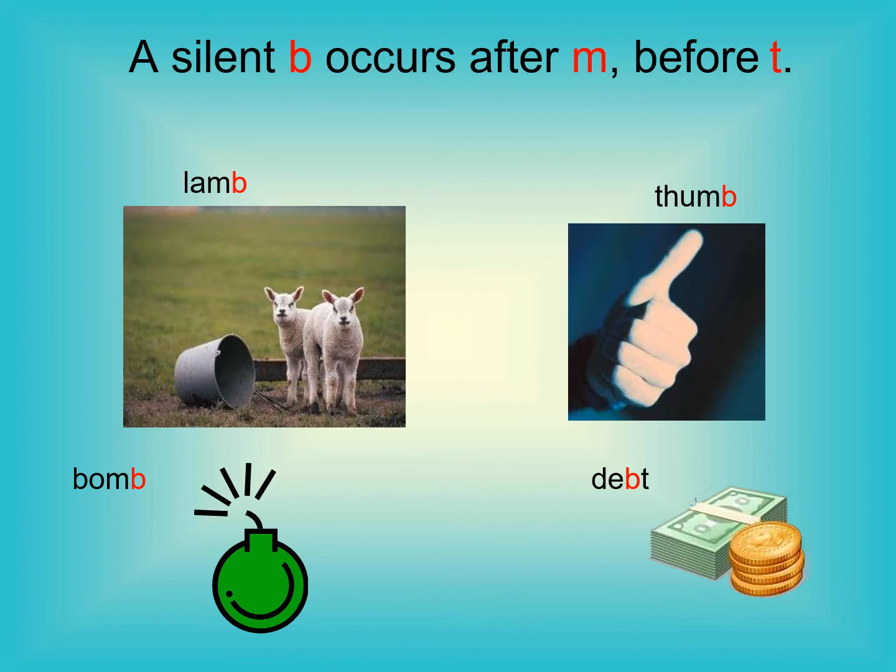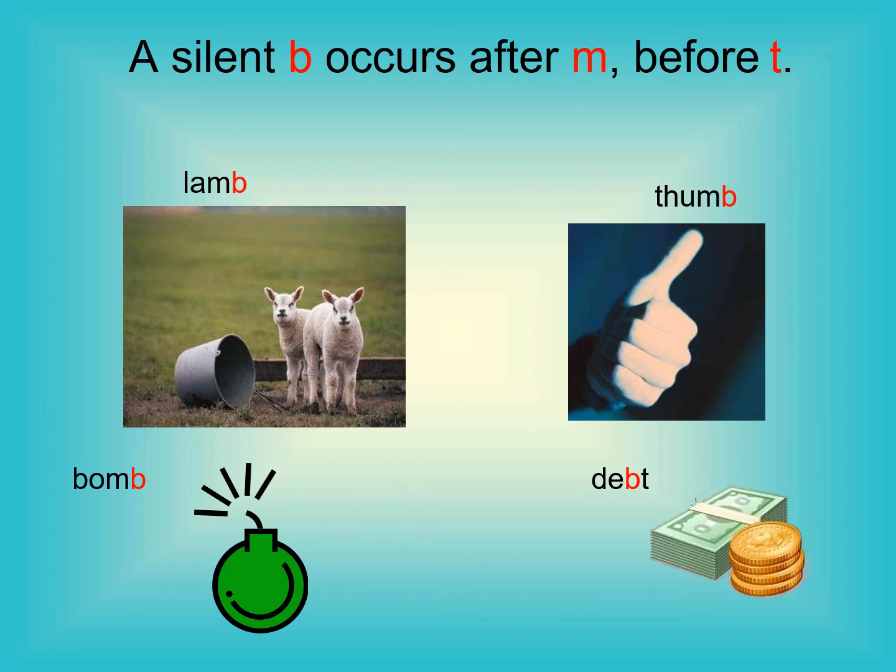Now, to get us started with some rules that are applied when writing silent letters in words, as a rule of thumb, a silent B occurs after M in words like lamb, thumb, and bomb.